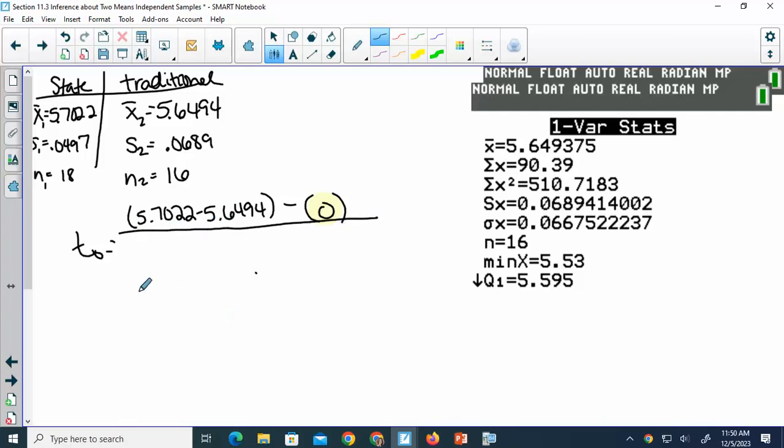Divided by the square root of the standard deviation of the first set squared, divided by the number of the first. Oops, I've dropped off my square. Standard deviation of the second set squared, divided by the number of the second set.